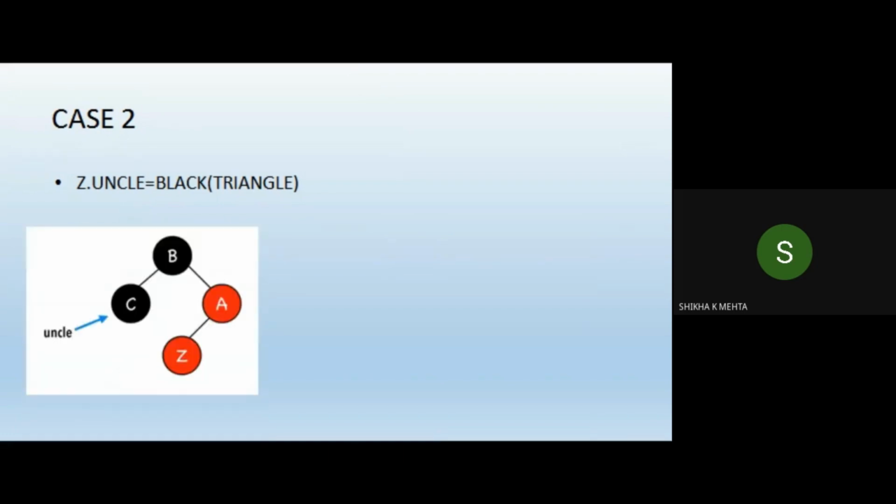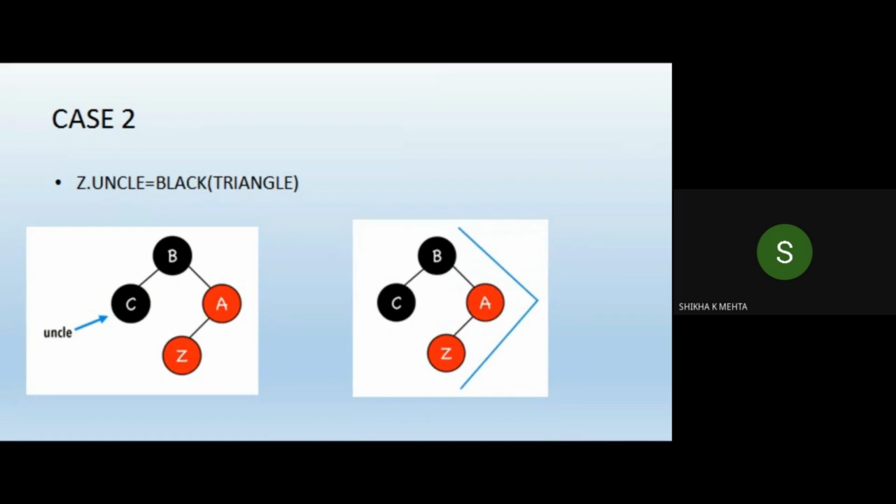Let us see what I'm calling a triangle. See over here, Z is a red node, as we have done. Z's uncle is the C node, which is black in color. Can you see some triangle over here? B to A to Z, it is some kind of triangle I am calling it.